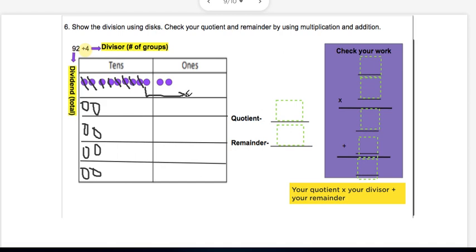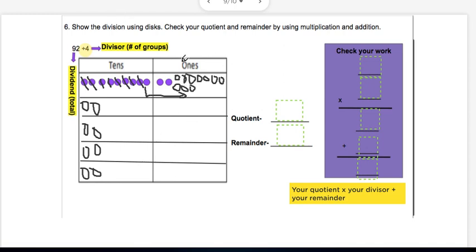I'm going to break it apart or unbundle. How many $1 bills are inside of that one $10 bill? Good job, 10. 1, 2, 3, 4, 5, 6, 7, 8, 9, 10.